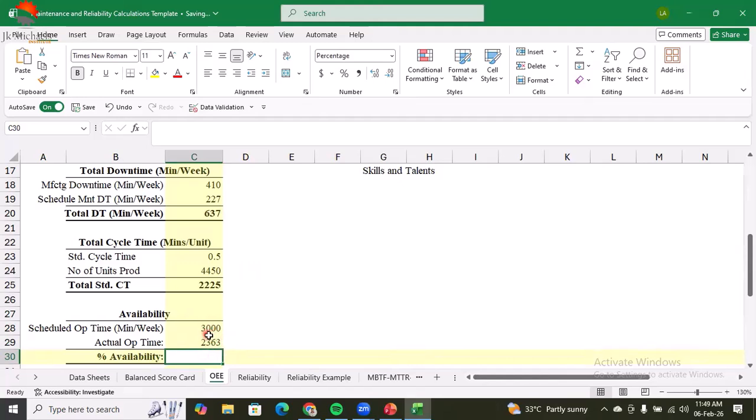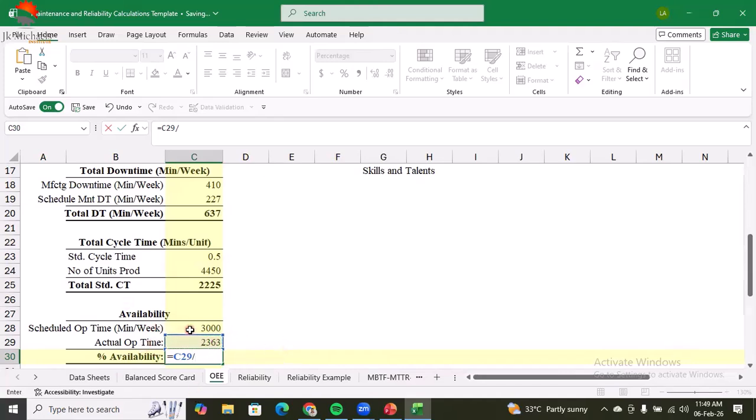So we're scheduled to operate at 3,000 minutes per week. But when we subtract the impact of the downtime on our operations, the actual time the machine was available was 2,363 minutes.